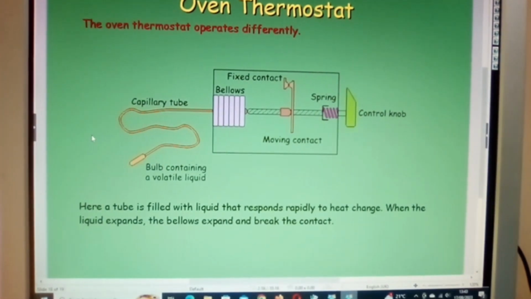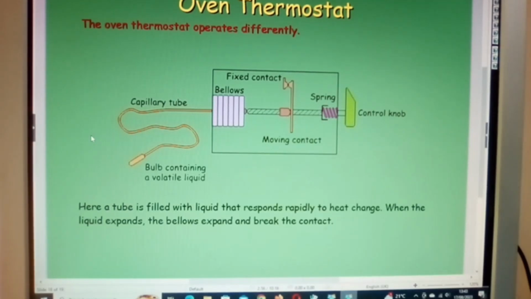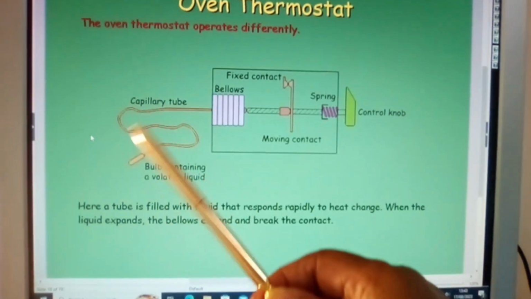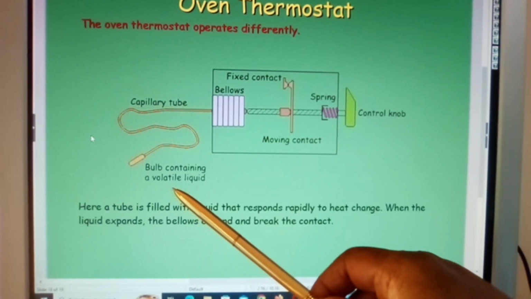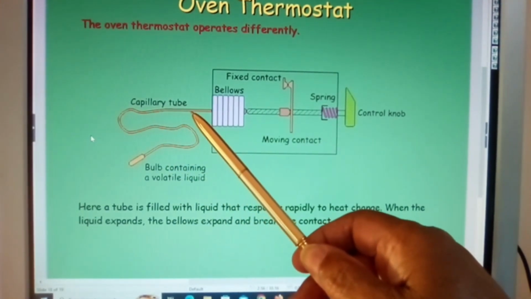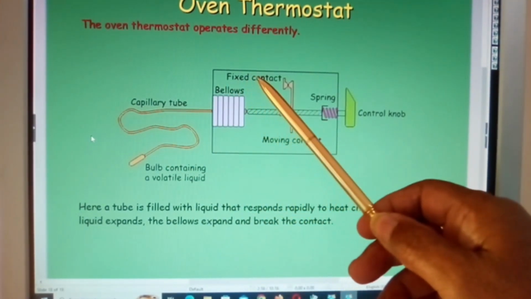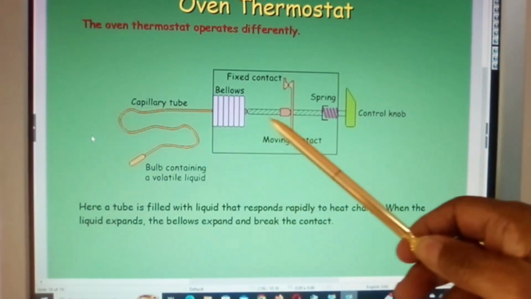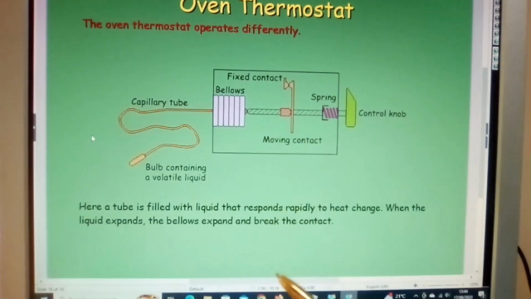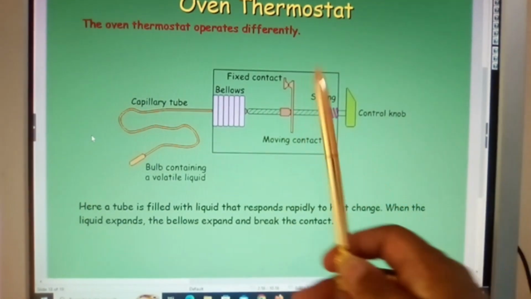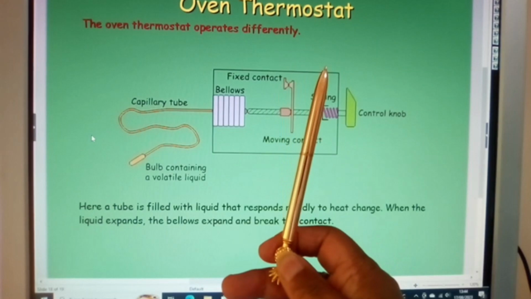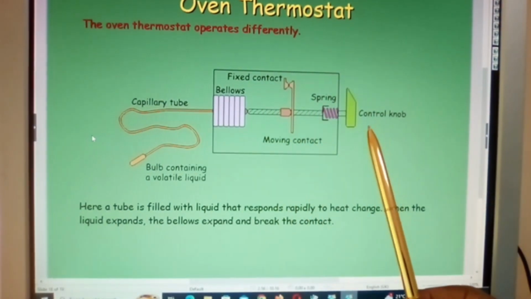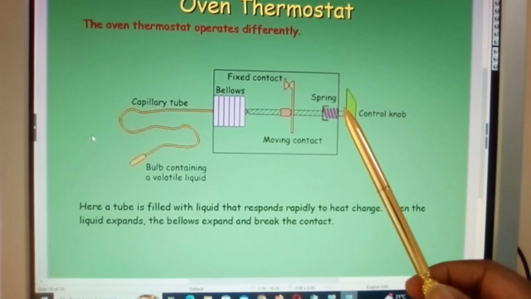Oven thermostat, okay. Bulb containing a volatile liquid. This is called a capillary tube. Fixed contact, bellows, okay. Moving contact. So this contact moves in and out accordingly to the control knob, to what the setting of the control knob is at.